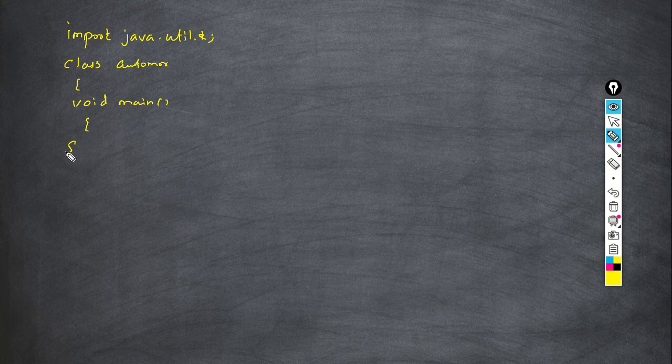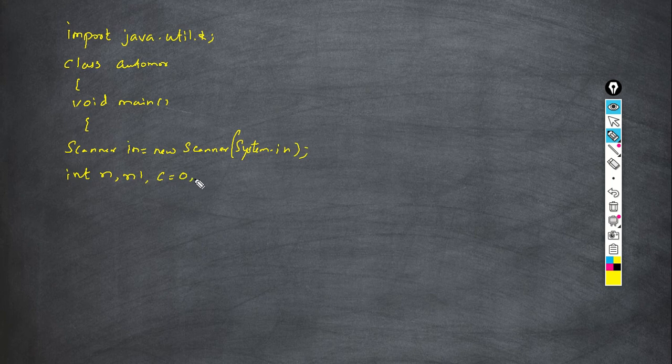Before that, Scanner in is equal to new Scanner of System.in. After that, I have to declare all the variables. I'm declaring int n, then n1, c is equal to 0.